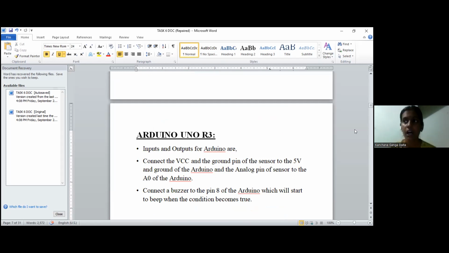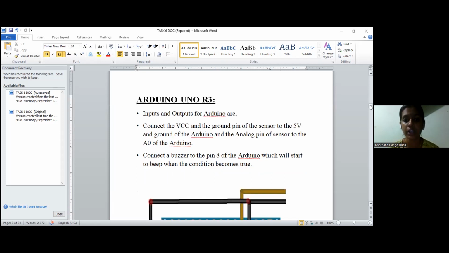For example, if the condition we have given is 60 and the particular gas is less than 60, it is okay, so it will just provide a beep sound, which resembles that the condition you have given is true. If it doesn't give a beep sound, it means the condition you have given is false. It is an indication from that.